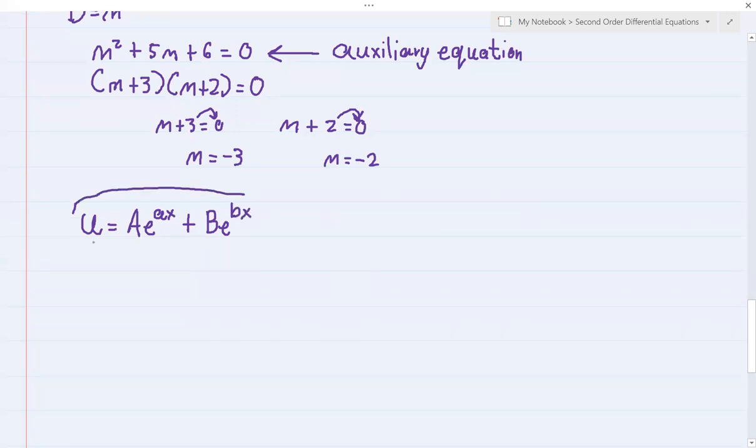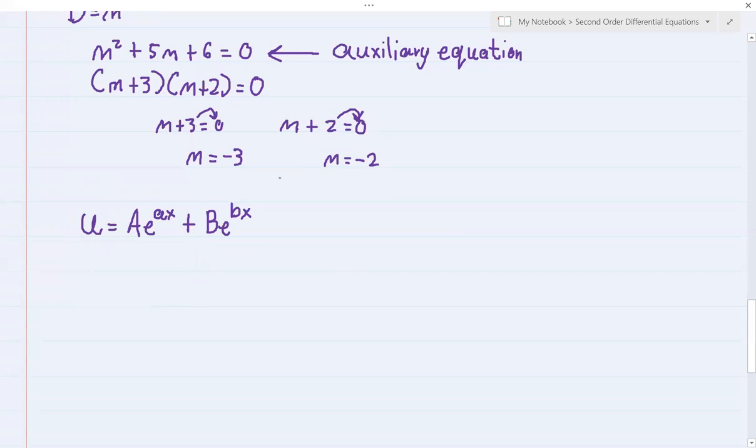If you don't understand what I mean, then I suggest you go back and watch the video I made about second order homogeneous differential equations. But if you understand, then we're good to go. Because we have two different m values, you are going to use this as your general solution for your u.